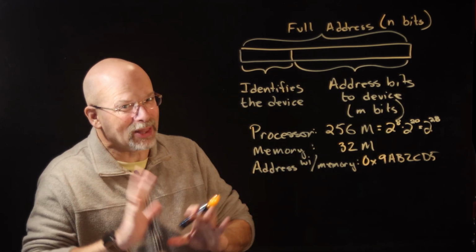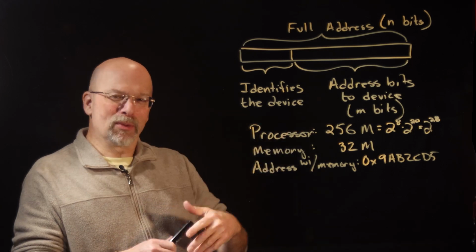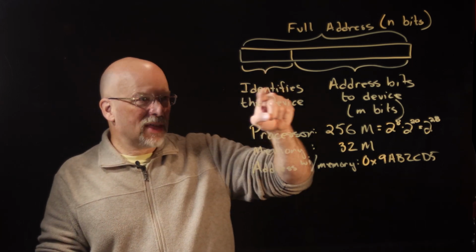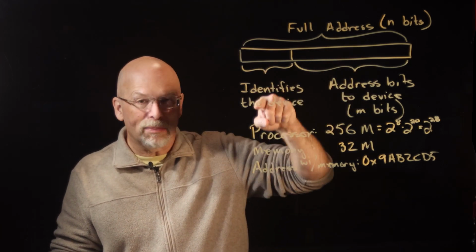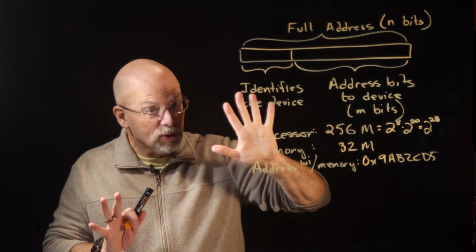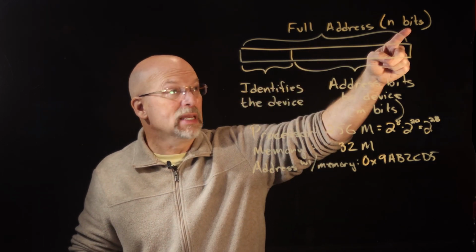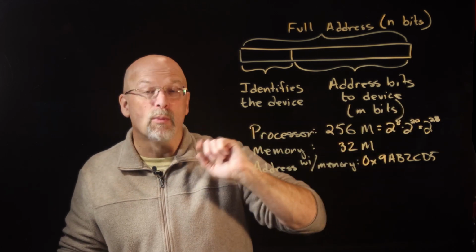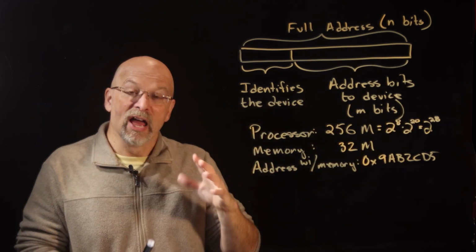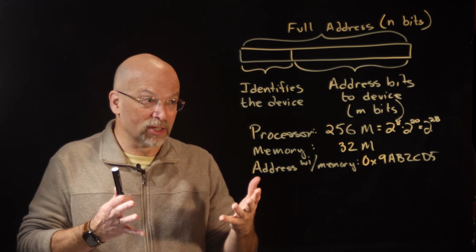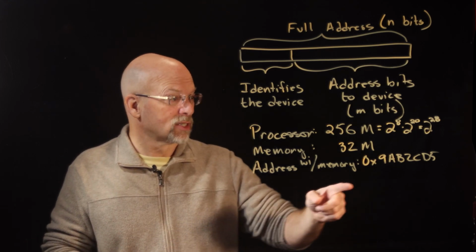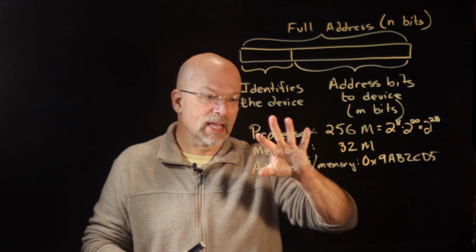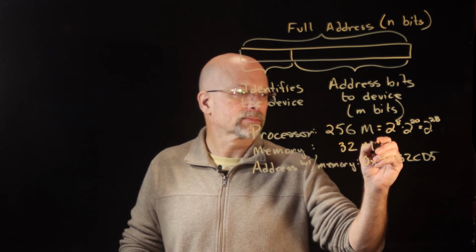Now, this is not quite the way the design works out, but I'm trying to give you an idea that if we know these 3 pieces, and that's all you need to know: how many bits in the full address, how many bits go to the memory device, and what the pattern of ones and zeros is that defines that device. We've got all three of those things here with this information.